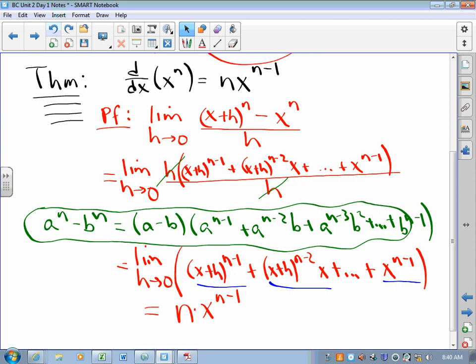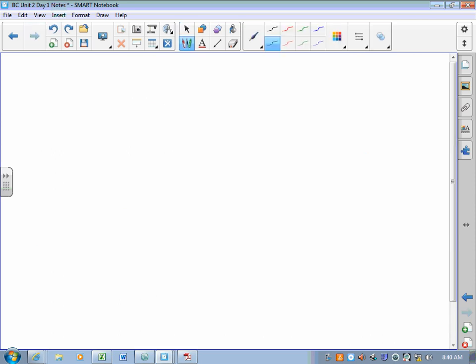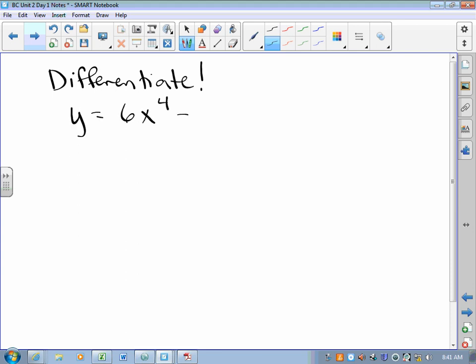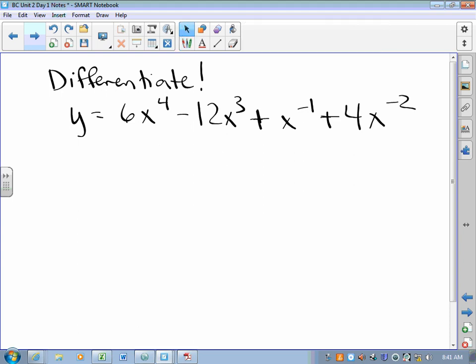The other thing you have to know is how that applies to polynomials, because what this means now is that if I ask you to differentiate a polynomial, 6x^4 minus 12x^3 plus x^(-1) plus 4x^(-2), you can play that game.